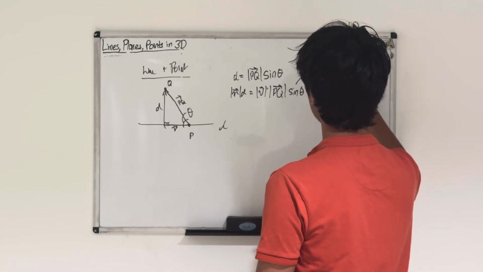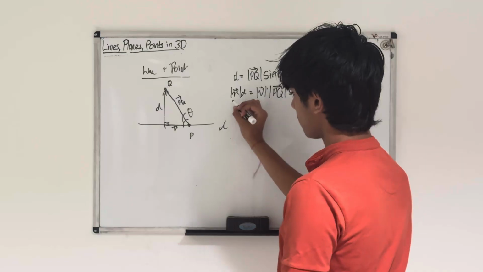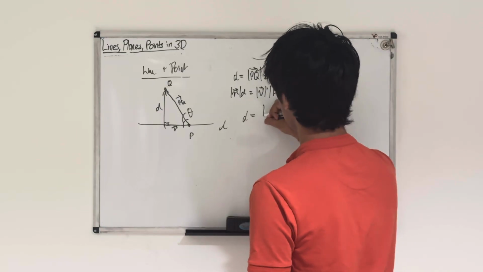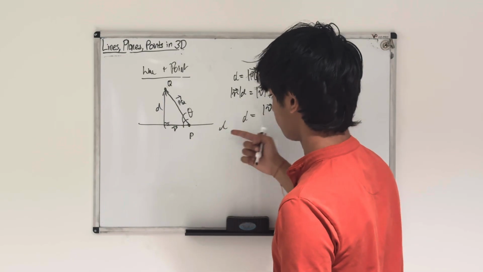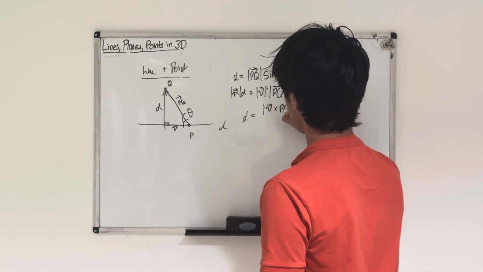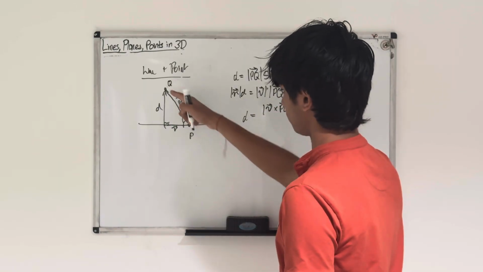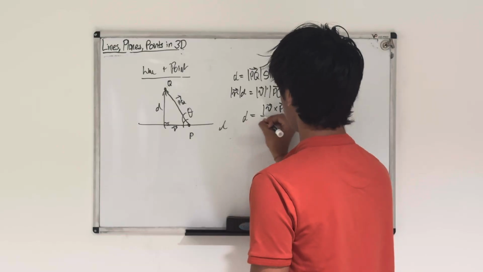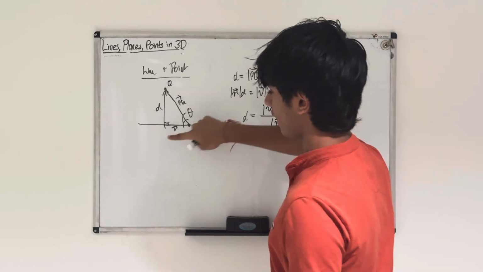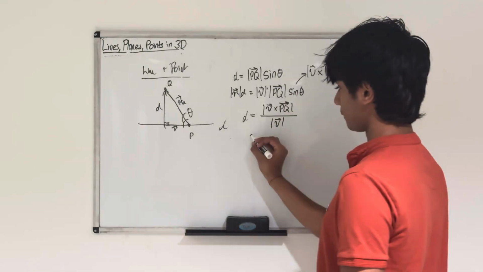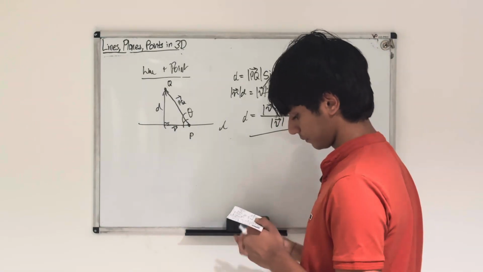And so now if we divide both sides by magnitude v, we'll get that the magnitude of the cross product of v, the direction vector for the line, times PQ, where P is just a random point and Q is the point, divided by the magnitude of v, gives us the distance between the line and the point. And that's the formula for finding the distance between a line and point.